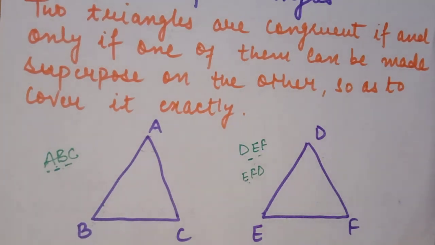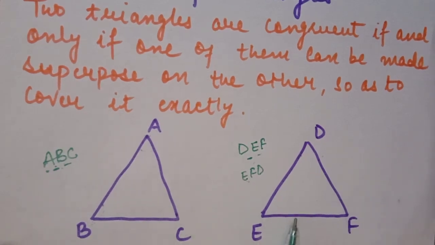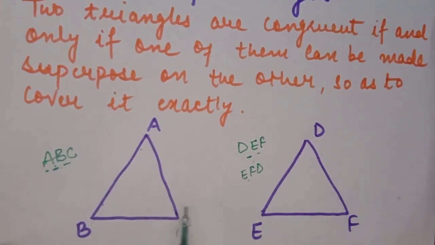Once again, the definition of congruency of triangles: two triangles are congruent if and only if there exists a correspondence between their vertices, and their corresponding sides and corresponding angles are equal or congruent. Now I hope you understand this topic.